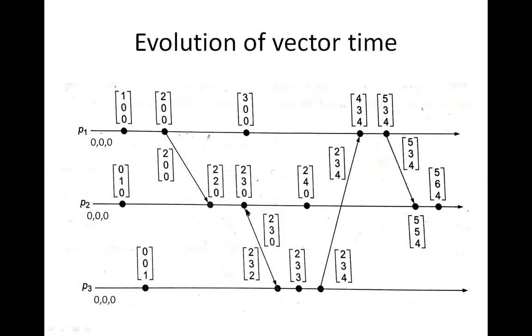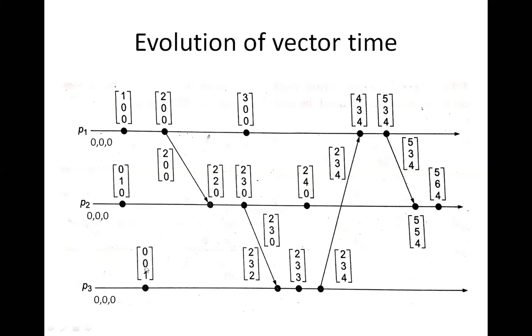Now this event, E23, is sending a message to process P3. It will send this message to process 3 with the timestamp 230. Now rule 2 applies here. We take the maximum of 0 and 2, which is 2.